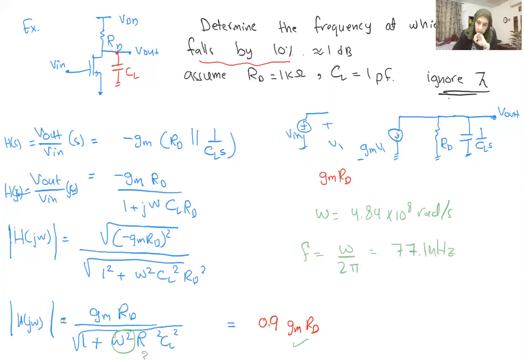Okay, now here, how we got this number, we just need to plug in. Here you don't even need to find GM. The GM will cancel with the GM, RD with the RD, and then you can just square both terms and find the value. You have RD values, you have CL values, you can find the omega value.